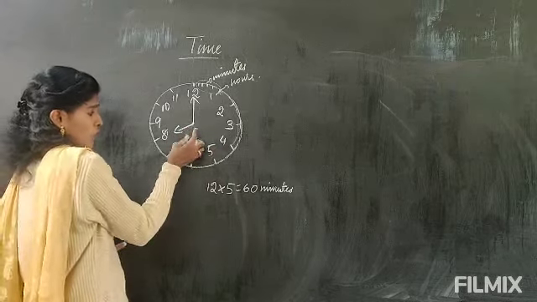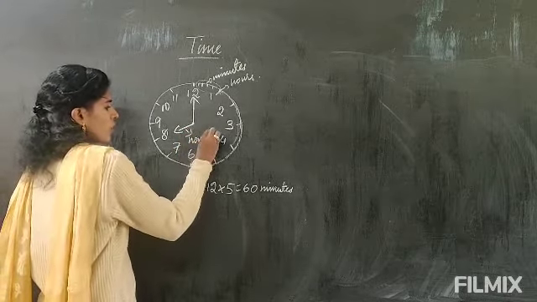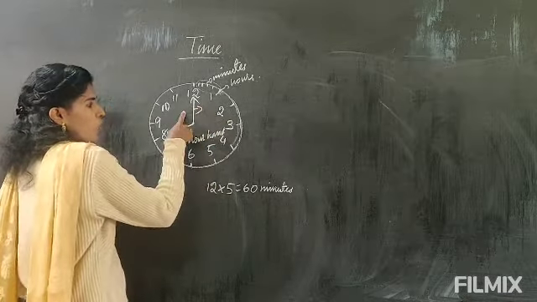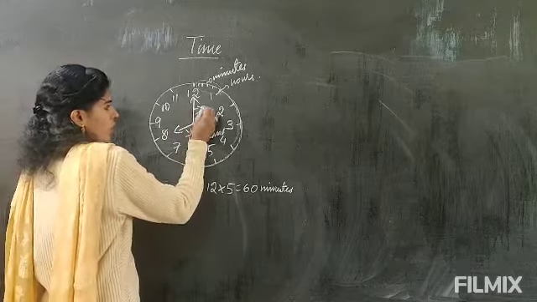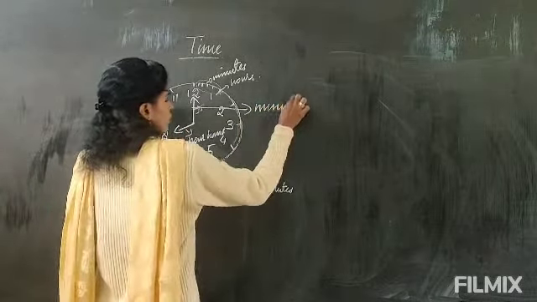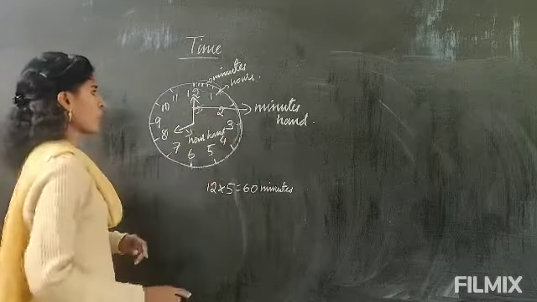This short one is called the hour hand. And this long hand is called the minute hand. Okay, the short one is the hour hand and the long one is the minute hand.